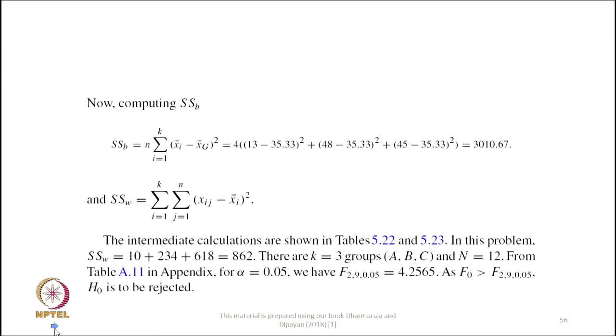Then you compute the sum of squares between and the sum of squares within. Then follow the other steps, that means create the F statistic, then find the value of F naught, then you conclude. So, in this problem the null hypothesis will be rejected.